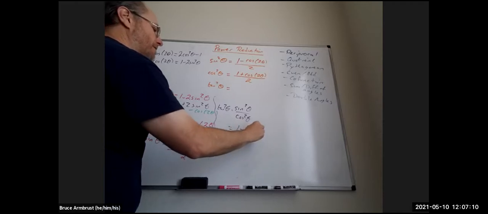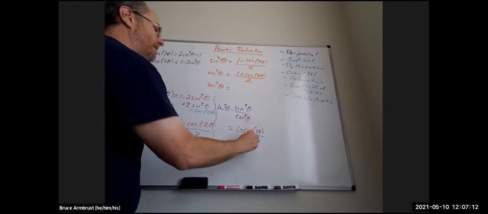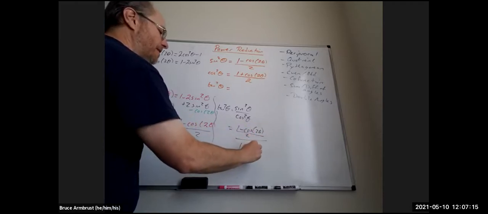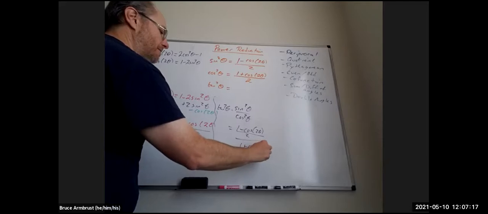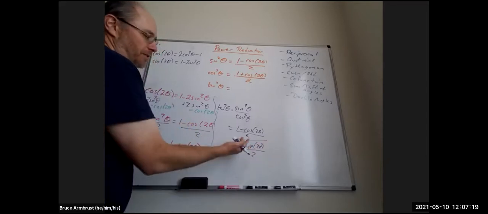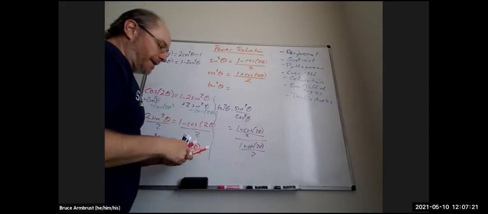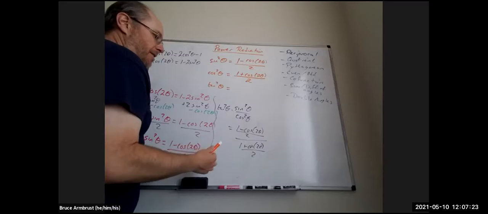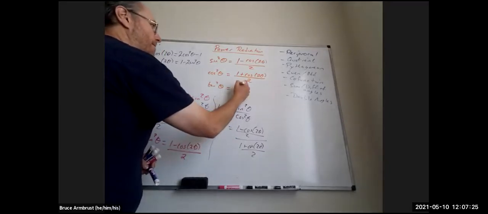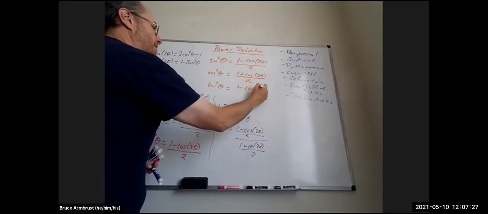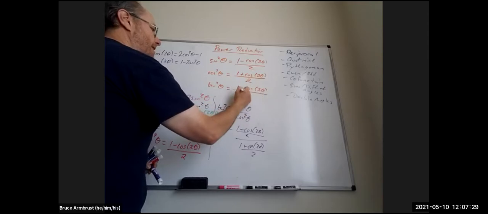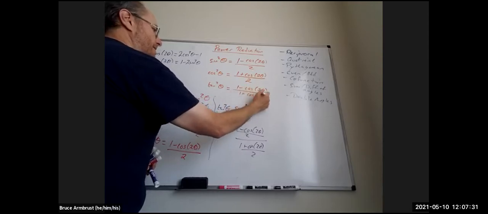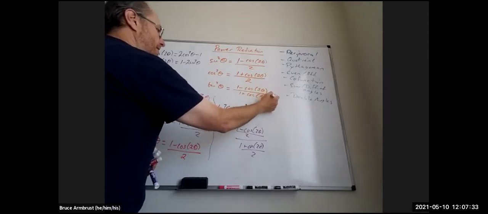So 1 minus cosine of 2 theta over 2 divided by 1 plus cosine of 2 theta over 2. If you flip that over and multiply, you end up with 1 minus cosine of 2 theta divided by 1 plus cosine of 2 theta.